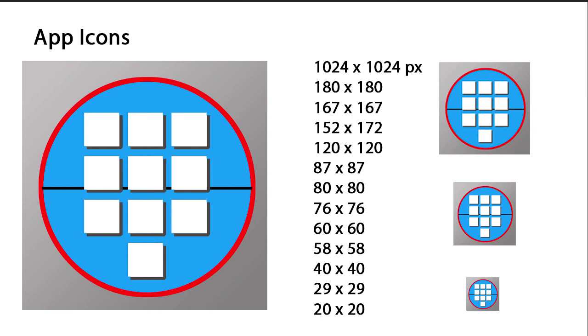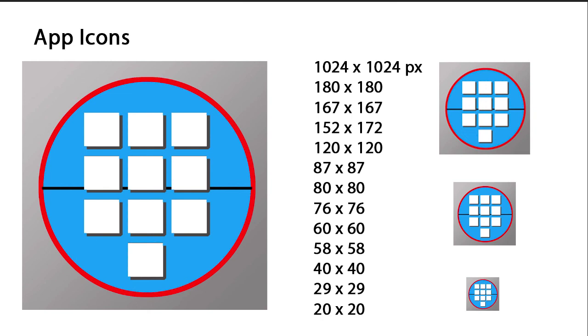Now here's the trick. There are not only 3 versions of graphics for your icons, there's actually 13 different versions. The largest one is 1024 by 1024 pixels. That's where I start. And then I resize my images down to these other resolutions of 180 by 180, 167 by 167, and so forth, all the way down to 20 by 20 pixels.